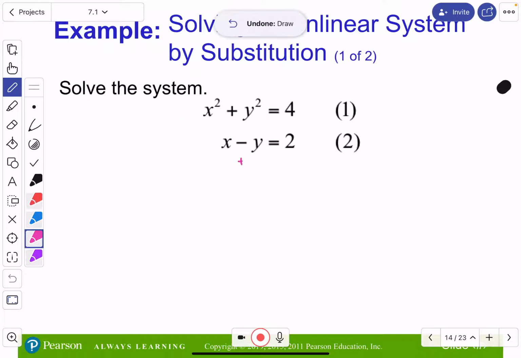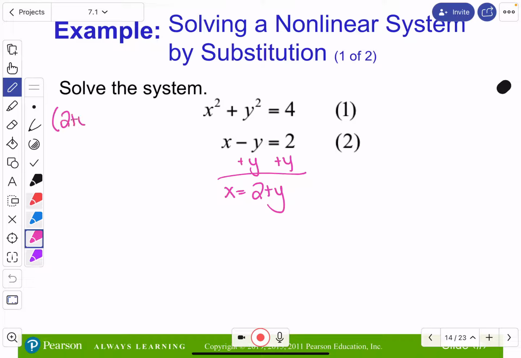I am going to add y to both sides. So we get x equals 2 plus y. And then I'm going to substitute. So (2 plus y) squared equals 4. Here, because they were both squared, there's no way to not have a binomial.